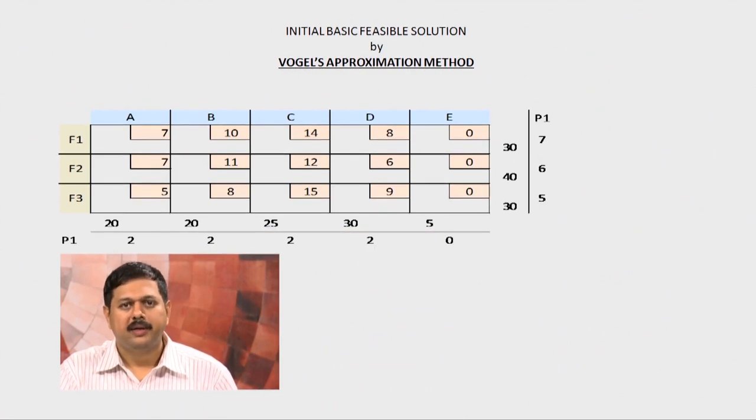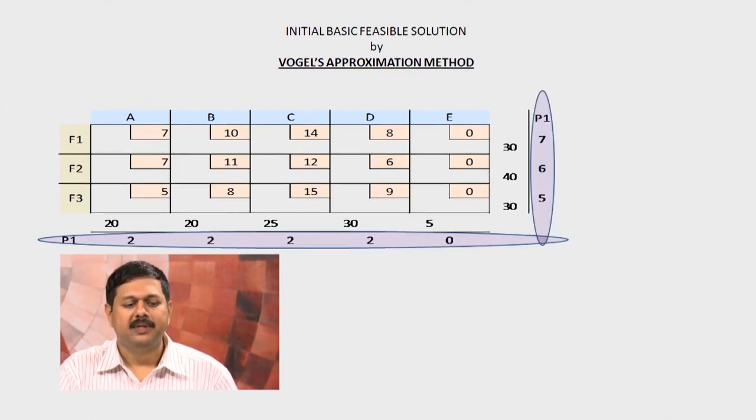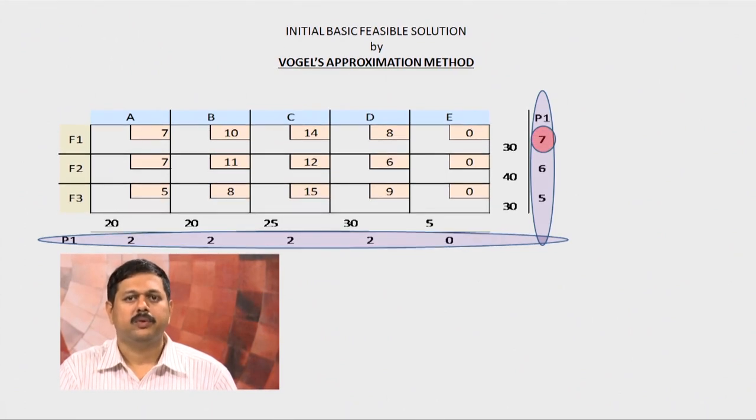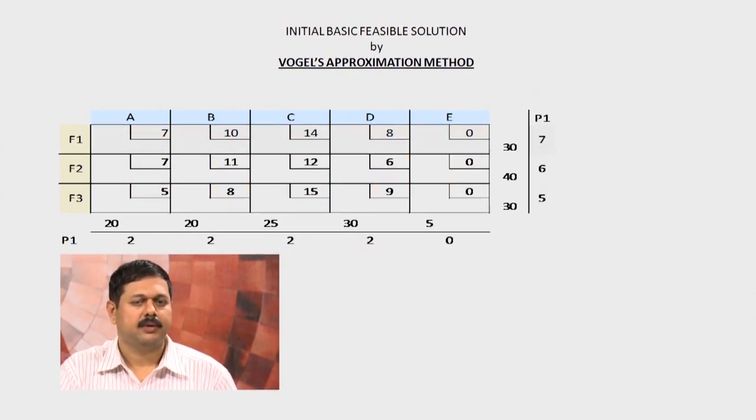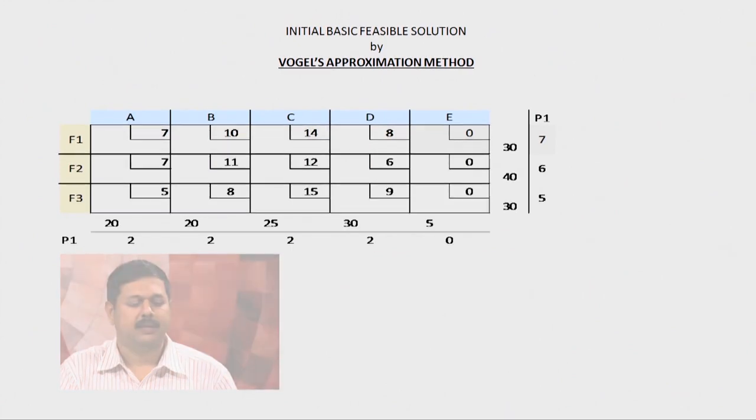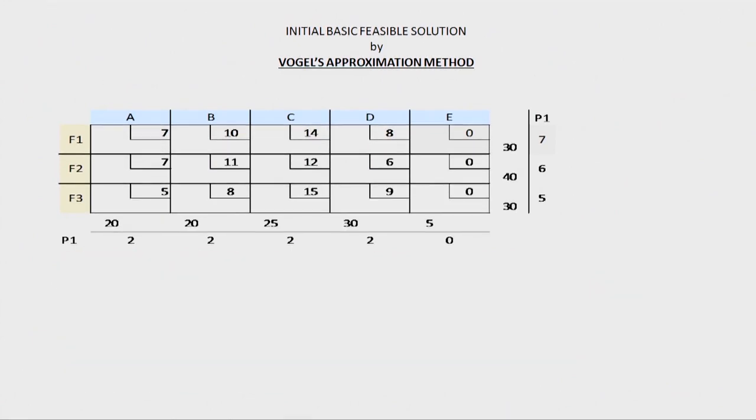Among all penalties P1, 7 is the highest. Choose F1 row corresponding to the penalty 7. In this row, choose the least cost cell. Now it is 5 requirements versus 30 availabilities.